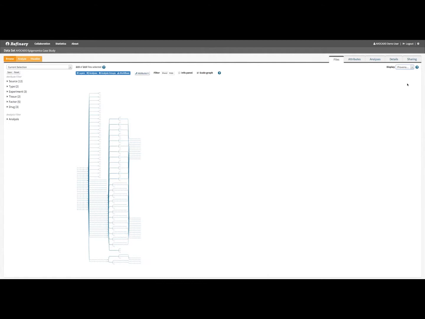And what Refinery does when it comes to provenance and helping people interpret data is it captures all the steps that the analyst takes. From loading the data in, to capturing all the metadata associated with the files that you import into the system, to capturing all the analyses that you execute.